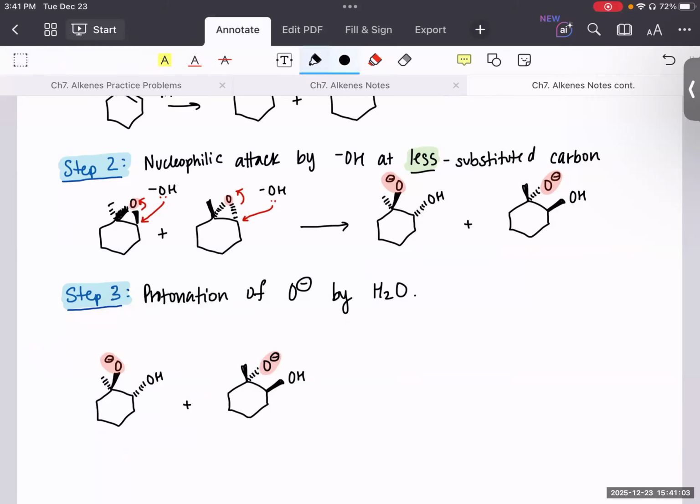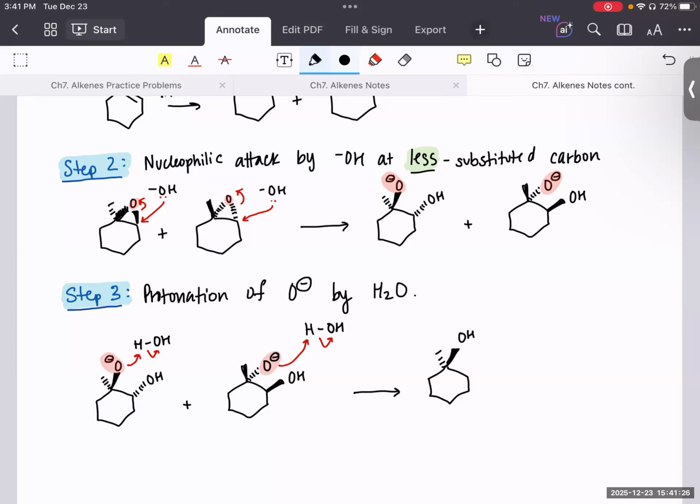Similar to some of the other topics that we've talked about, make sure that you use H2O here. Since we're in basic conditions, we don't have H3O+ available to us, so we have to use H2O.